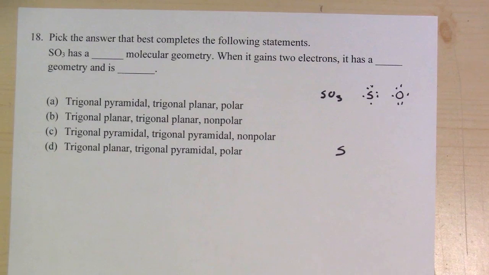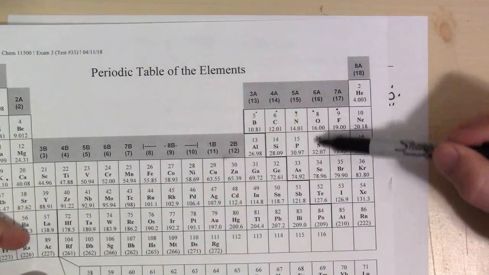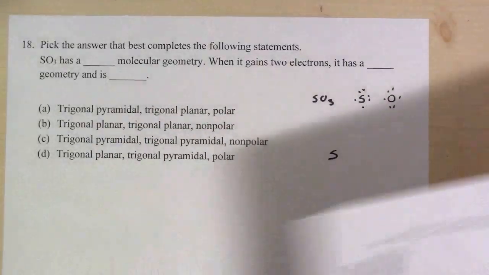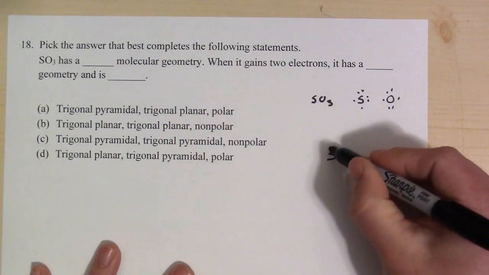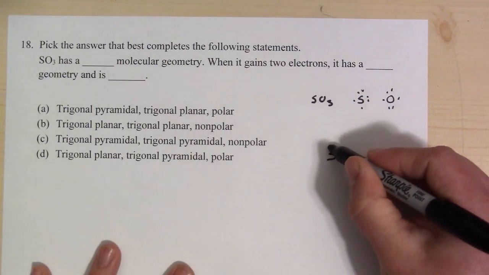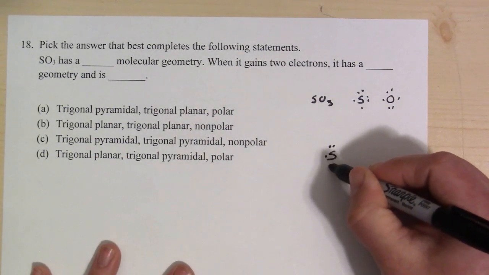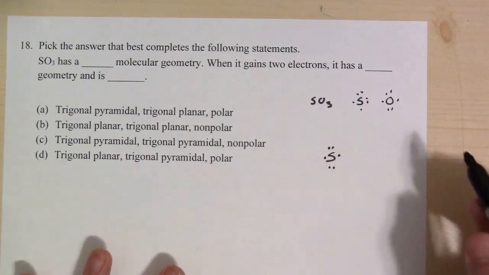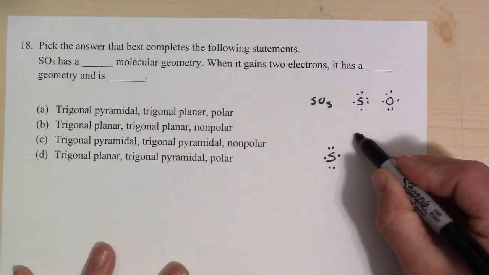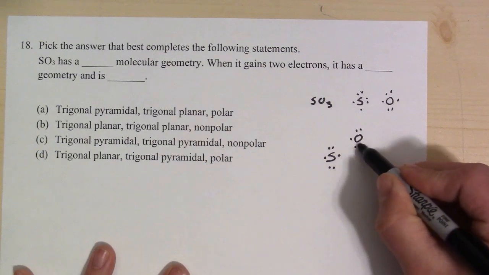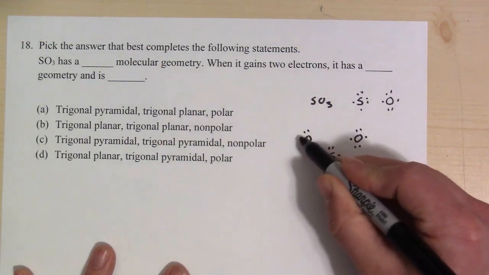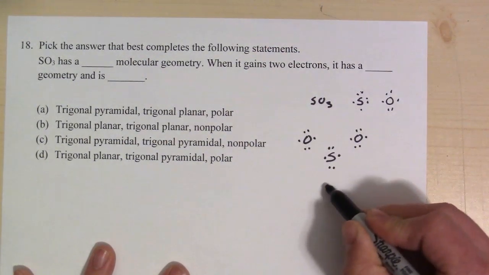They each have 6, which makes sense. They're both in the 6A column. So we'll draw 6 around sulfur, and we have 3 oxygens, each with 6.